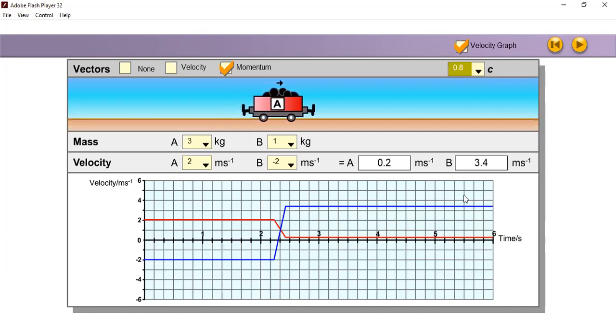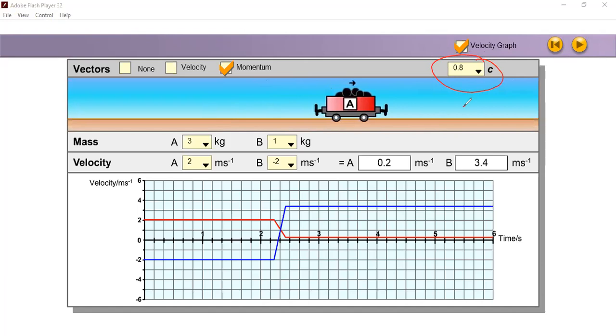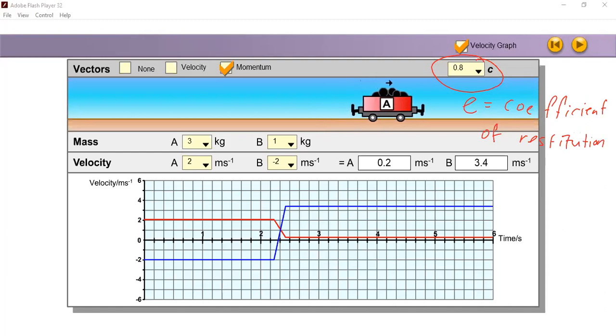This one we call the coefficient, and we use the symbol e. e is equal to the coefficient of restitution.